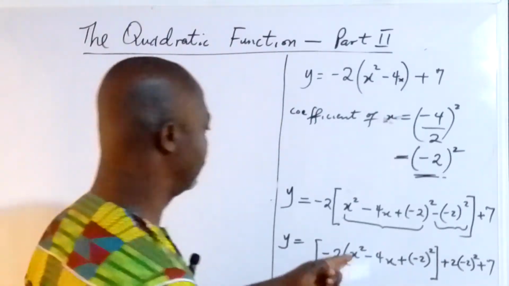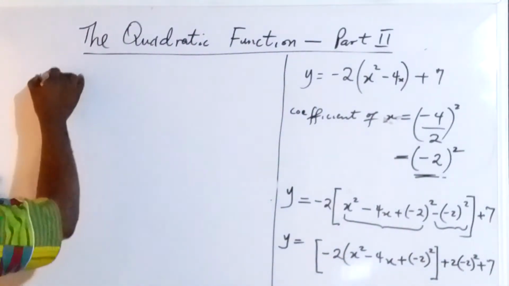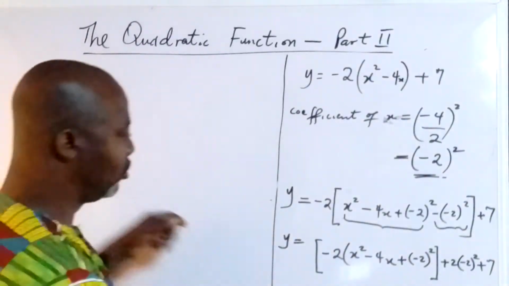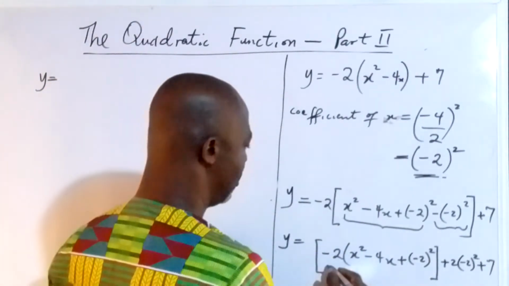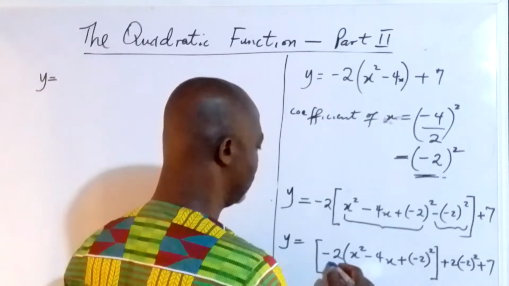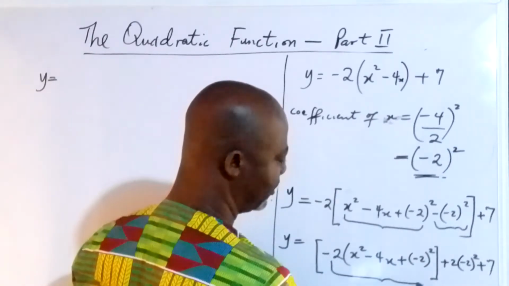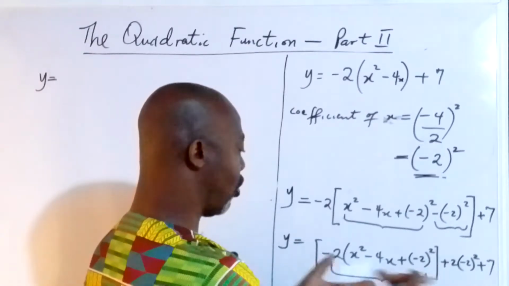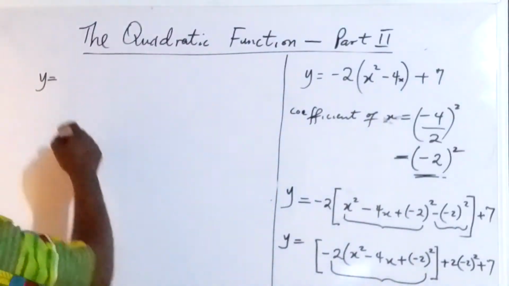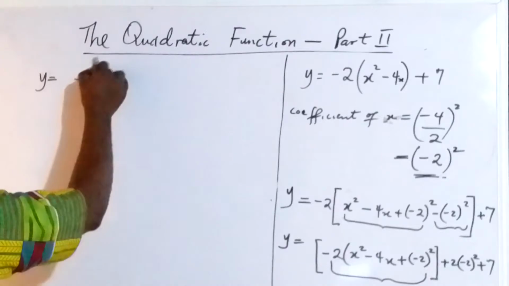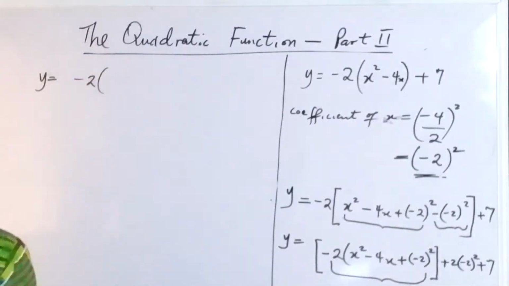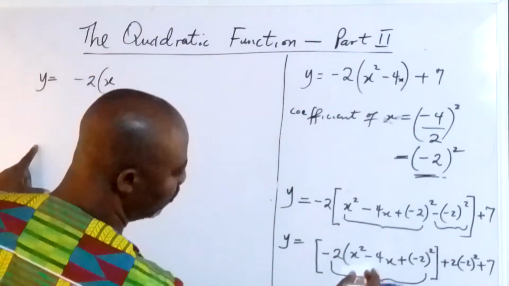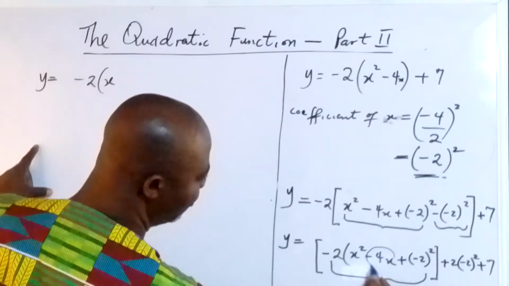So I have, from that end, I come over here to y equal to. So what I need to do now is to compress this part. You know, this is an expanded form already. So I'm going to compress it to give us minus 2, open bracket, x. Then I'm going to ignore this middle term.